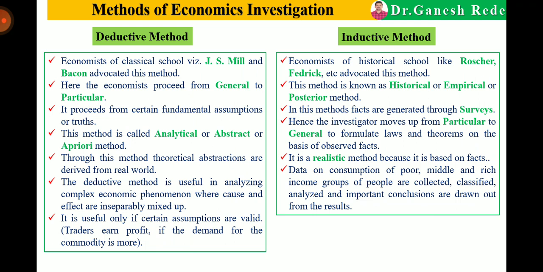Now, in the deductive method, the researcher or economist proceeds from general to particular. Firstly they think about the overall picture, then they go to the particular thing or individual. That is the deduction of sample size: in the general there will be a large sample, in the particular a small or single sample.